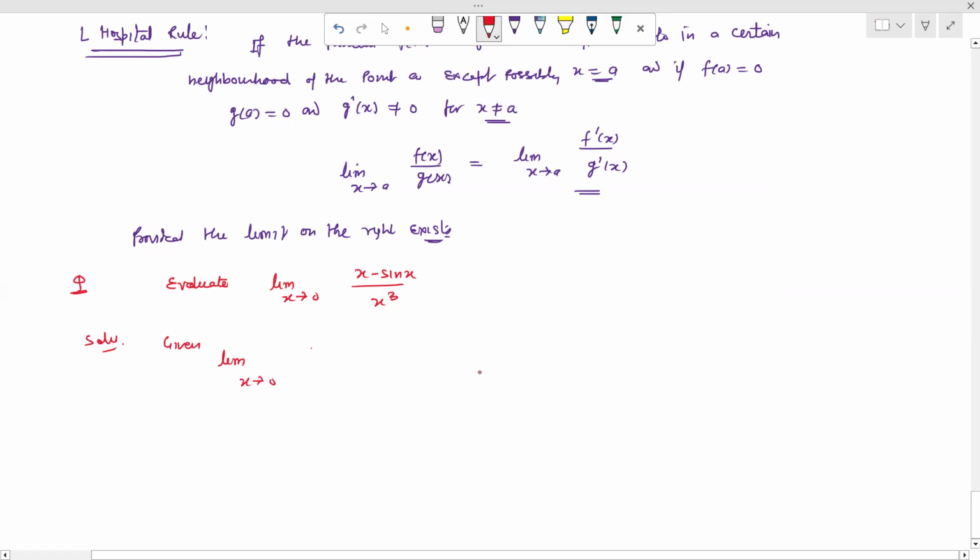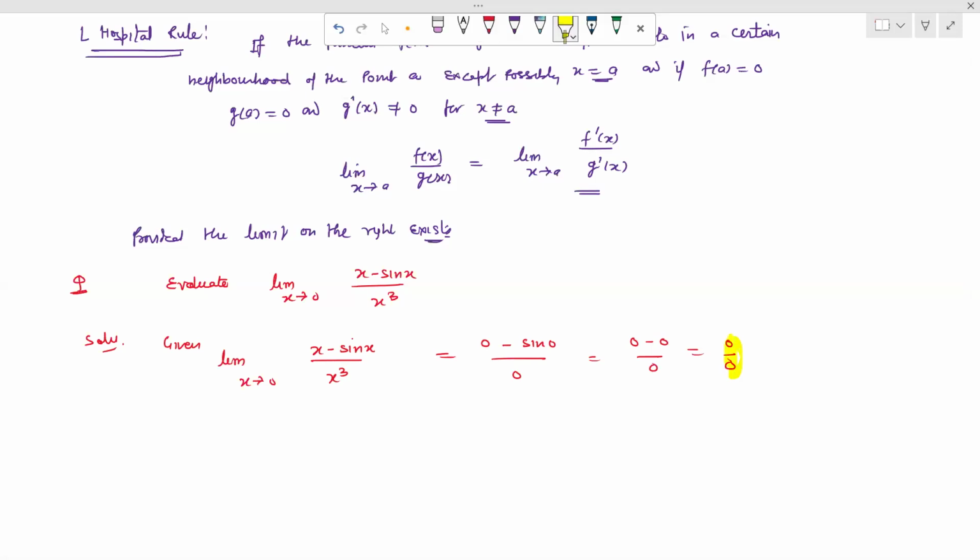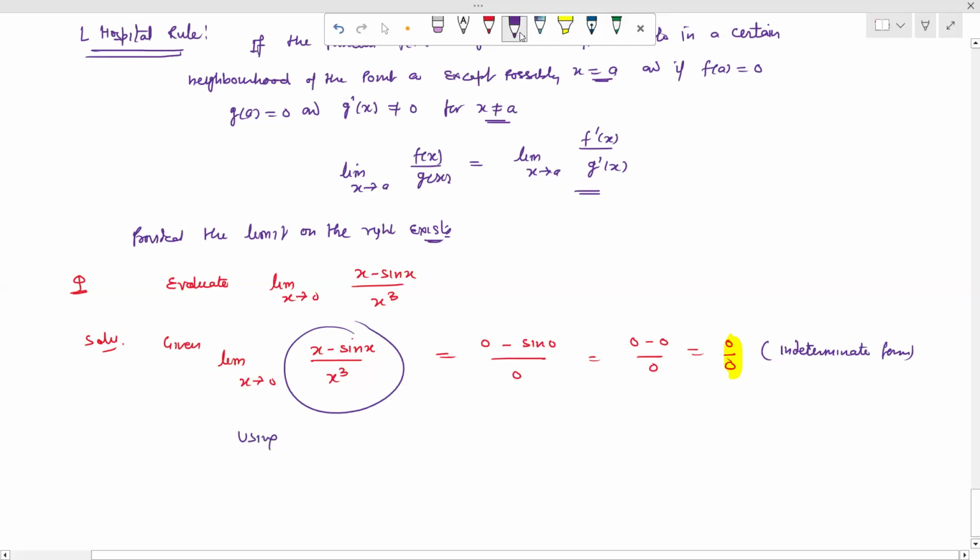When we put x tends to 0 in the numerator, this gives us 0 minus sine 0 upon 0, and sine 0 is also 0, so 0 minus 0 upon 0. So this gives us 0 upon 0, which is an indeterminate form, meaning a meaningless value. For solving this indeterminate form, we can apply the L'Hospital rule.